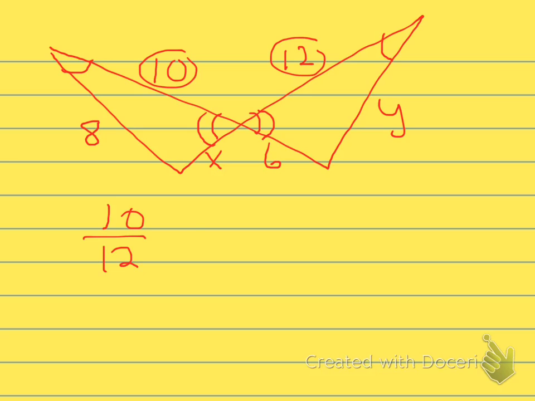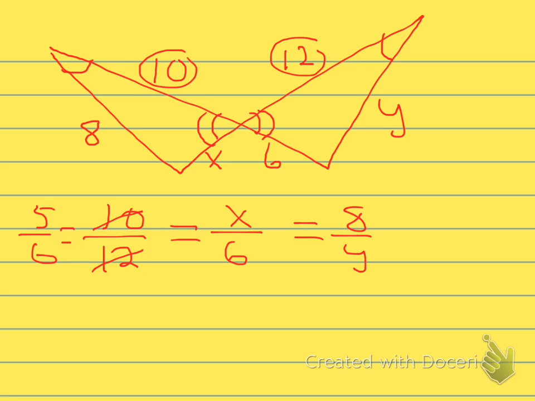The x and the 6 are corresponding sides because they are between the angles that have 2 marks and no marks. Finally, the 8 and the y are in correspondence because they are between the 1 mark angles and the no mark angles. So I can use this ratio 10 to 12, or I could even reduce that and say 5 over 6 to find the values of x and y.